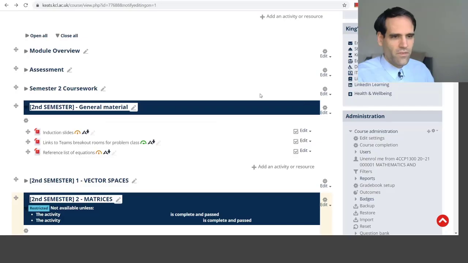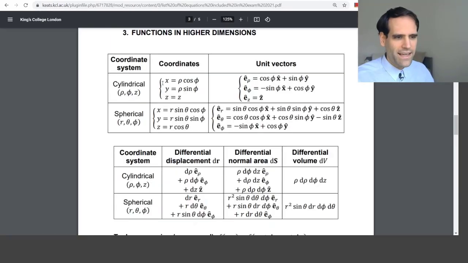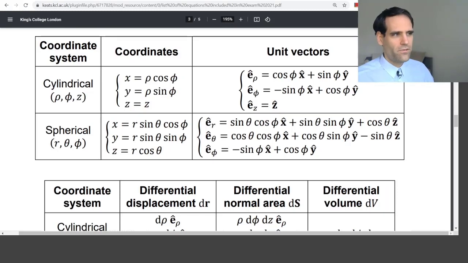If we go to Kits and go to the reference list of equations, I provide a nice table where, for the different coordinate systems, I give how to change the coordinates from one system into the other. So this is given. I also encourage you to think about these equations and why they make sense from a geometrical point of view. It's just looking at right angle triangles and thinking a little bit about the projections.